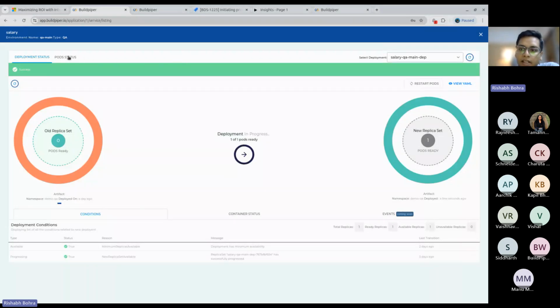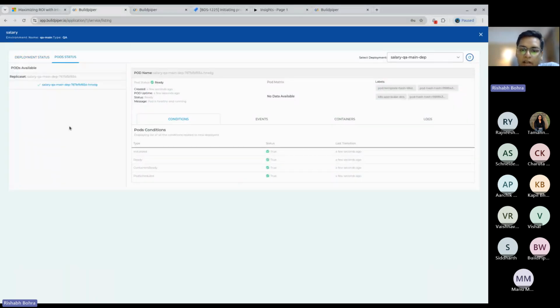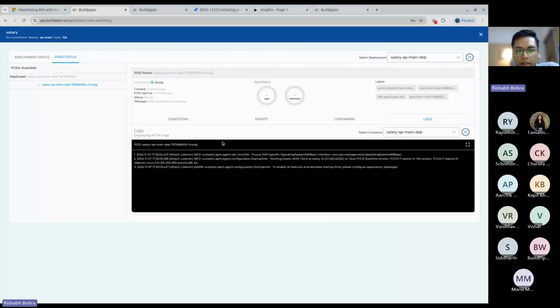Not only that, with a single pane of glass, you can also see all the pods that are being deployed and their respective statuses, their resource utilization metrics as well. For this particular deployment, it is going to be coming up in a while because the deployment is still progressing. But again, you can also check the logs for the applications that are running in those particular pods, the labels, etc.